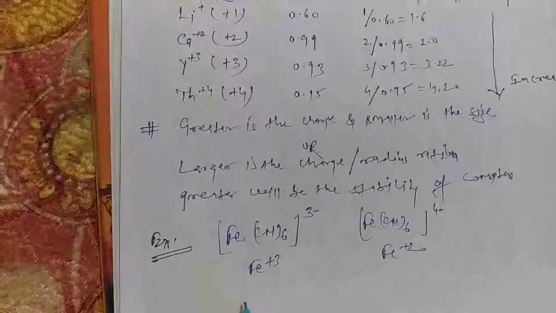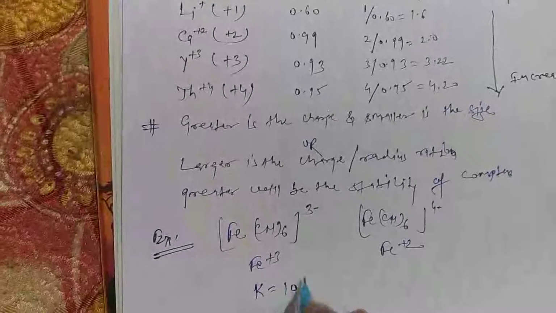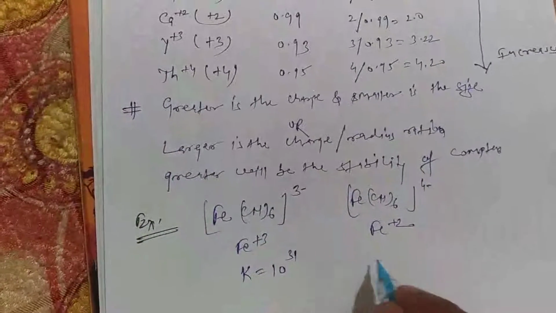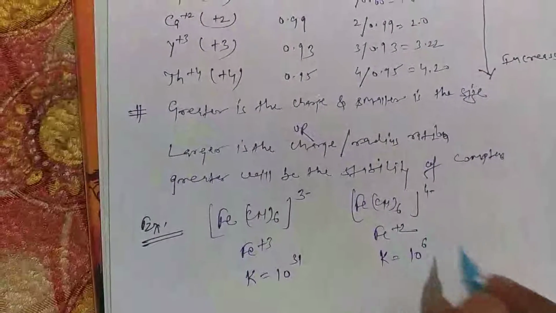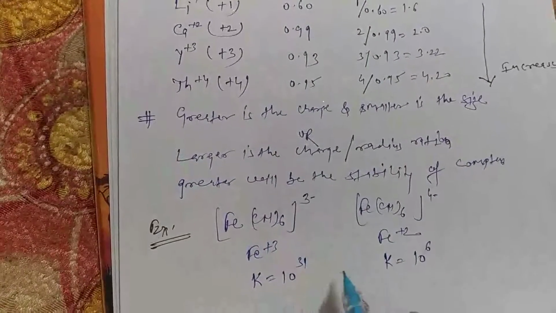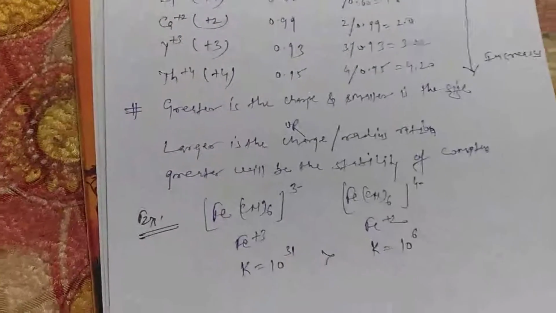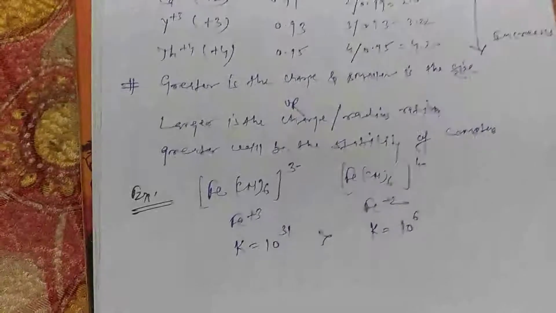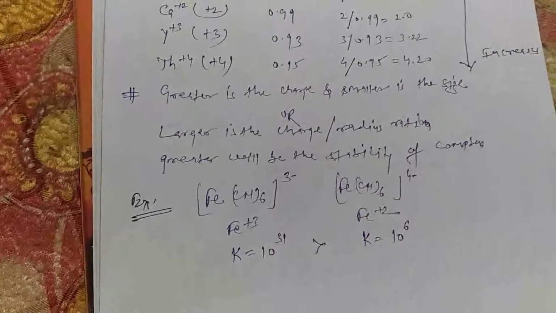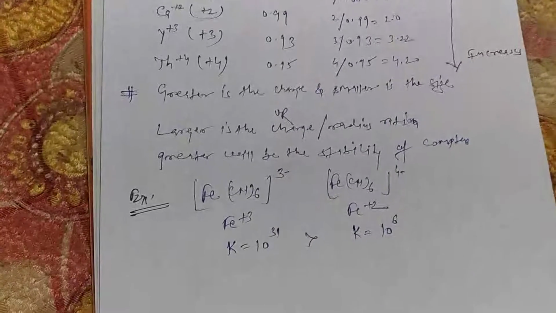Of course, the value of K, that means the stability constant, is 10 to the power 31 here, and K here is 10 to the power 6. So [Fe(CN)6]3- will be more stable. Similarly, we can discuss some more examples. So this is the effect of charge and size of a central metal ion.